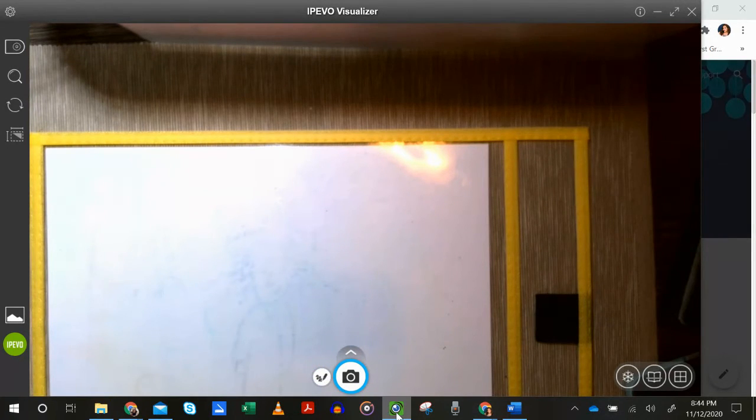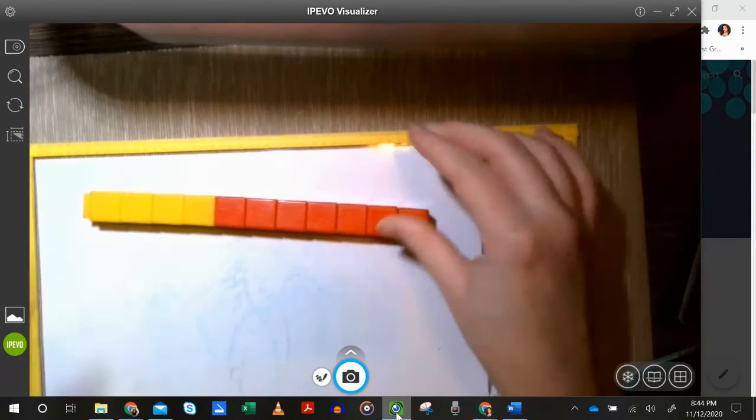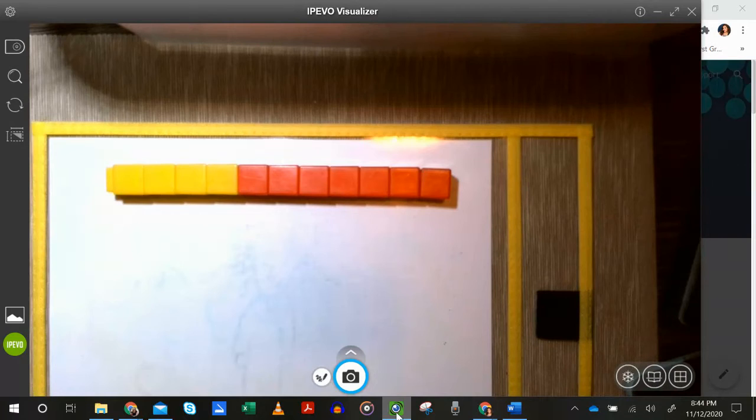I'm going to show you a picture, a model, and we're going to see how that model shows 4 different equations. Okay? What do we see here? What do you see from this model?